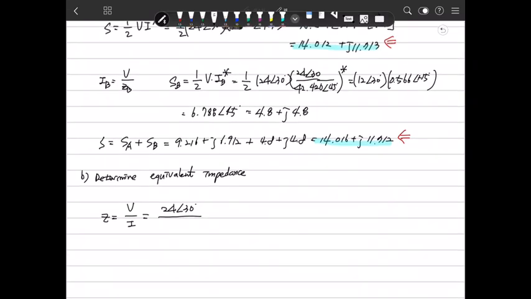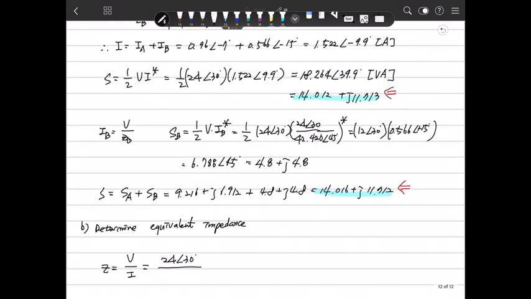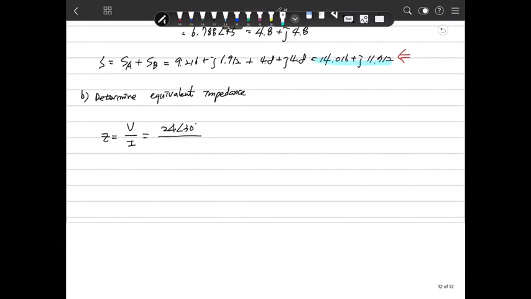These are givens, and the current is calculated in this way here. So 1.522 at minus 9.9 degrees. So there will be 15.768 at 39.9 degrees. This is the impedance.